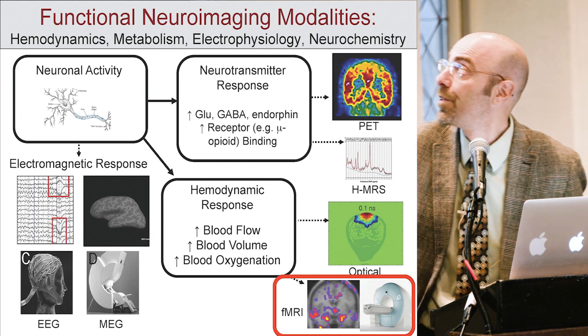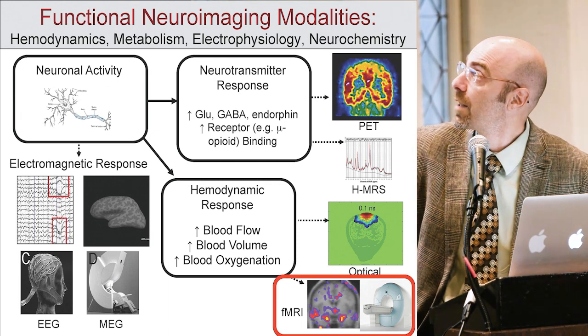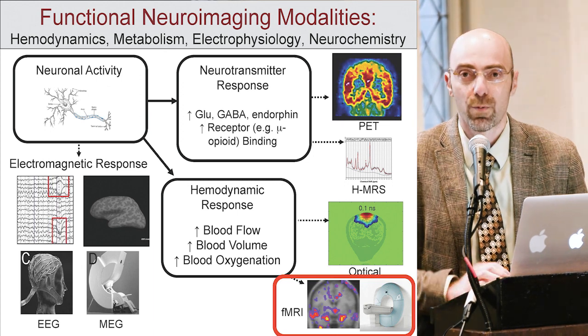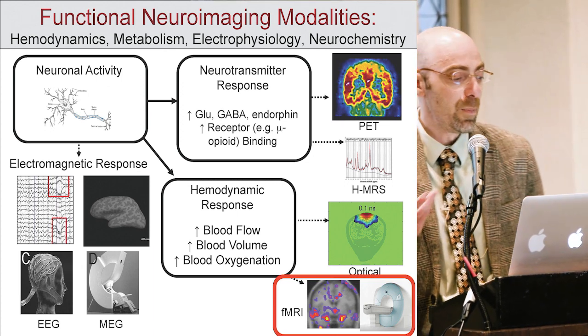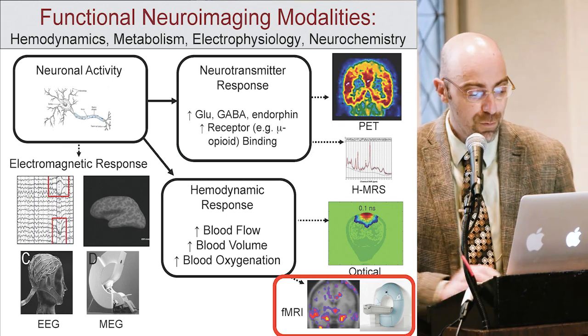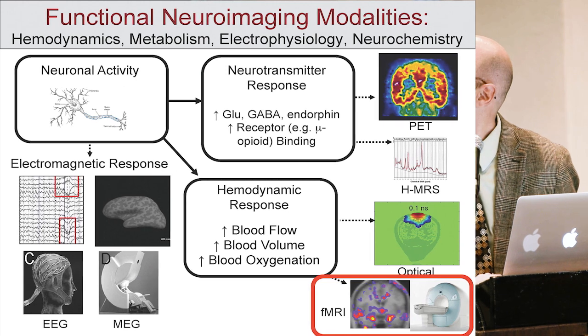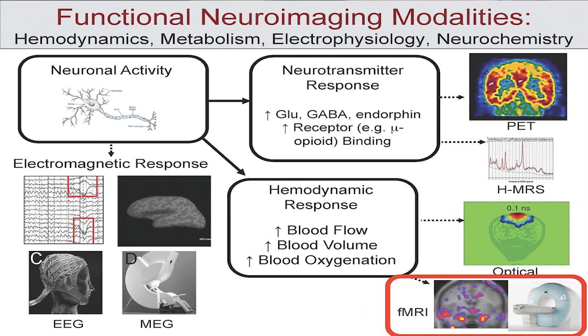So first, a little bit of background on functional MRI and other imaging technology. So how do these things work, and how can we assess the brain activity in humans, in patients, non-invasively, right? So when you have neuronal activity, that creates an electromagnetic response, which is picked up by techniques such as EEG, electroencephalography, and MEG, magnetoencephalography.